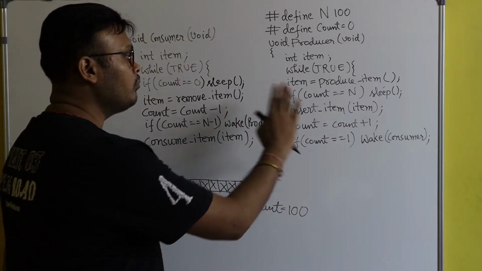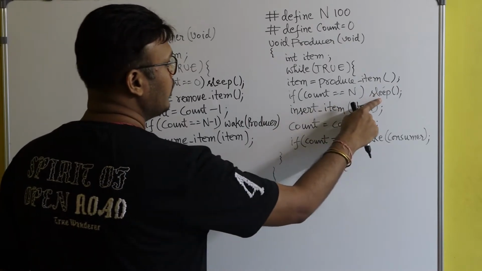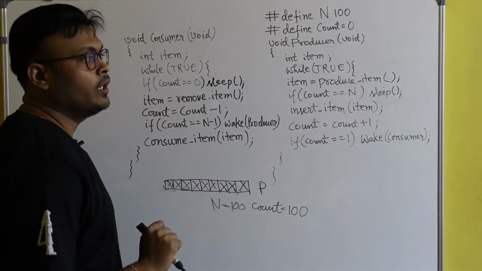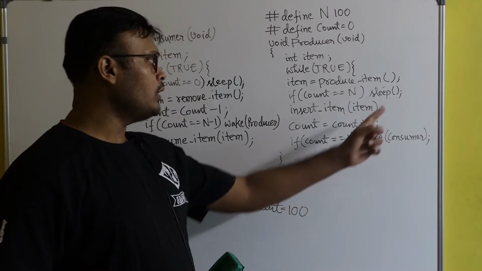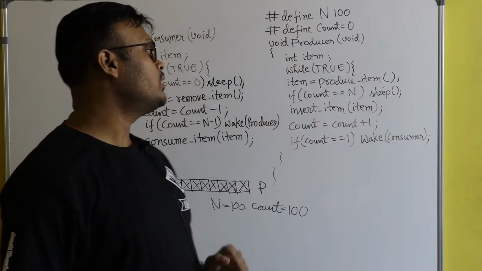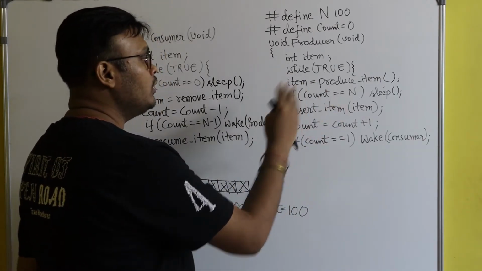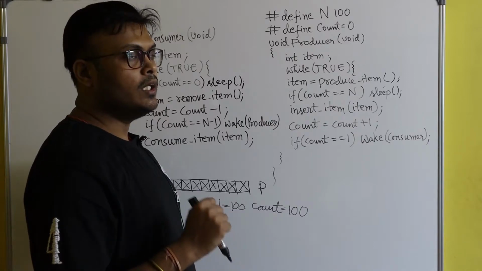So if the buffer is completely full, then the producer can't do anything. The producer will go and sleep. Here you can see the busy waiting problem has been eliminated. You see how? If the buffer is full, then the producer will sleep.